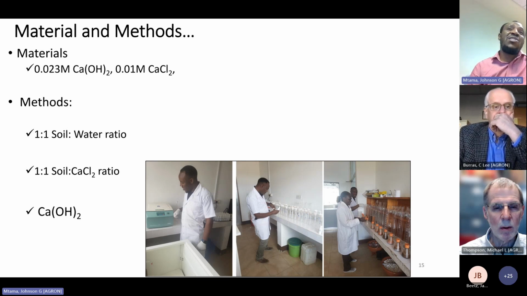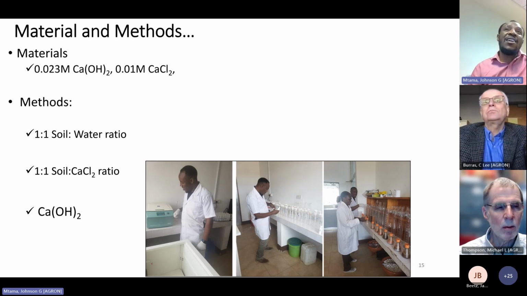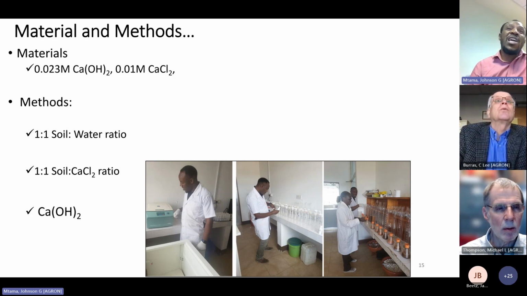When we have the pH value greater than 5.5, we might consider that liming is not very much important, though there are some studies which show that we still can do liming even to the pH points of 6.5, and you can still get some good results of liming reactions in those soil systems.